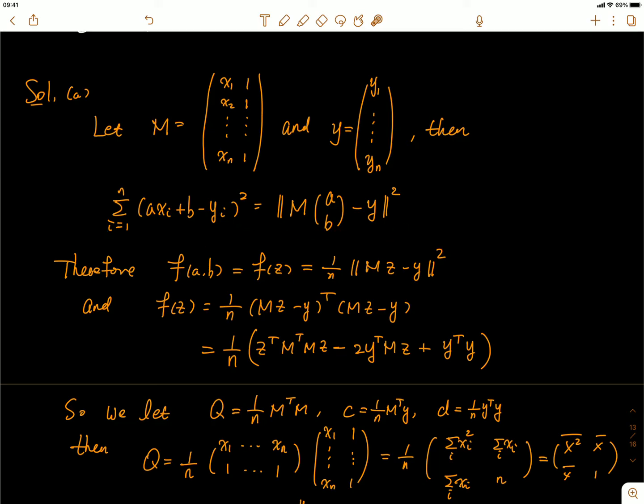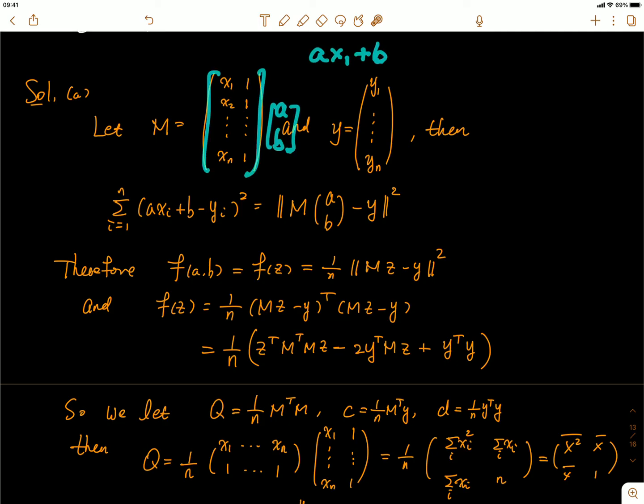And why is that? The reason is, look at this a xi plus b minus yi. Suppose I have A and B here, and just look at the first row. When I multiply this matrix and the vector AB together, on the first component I will get A x1 plus B, right?